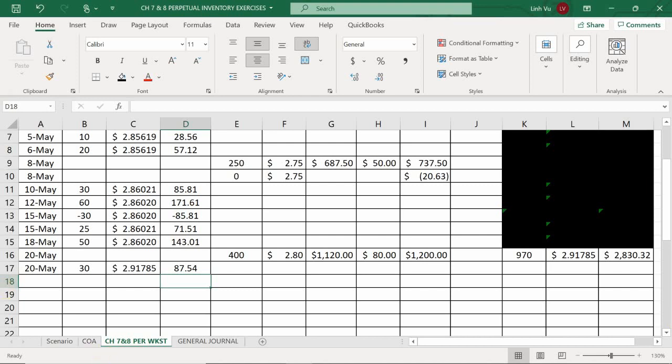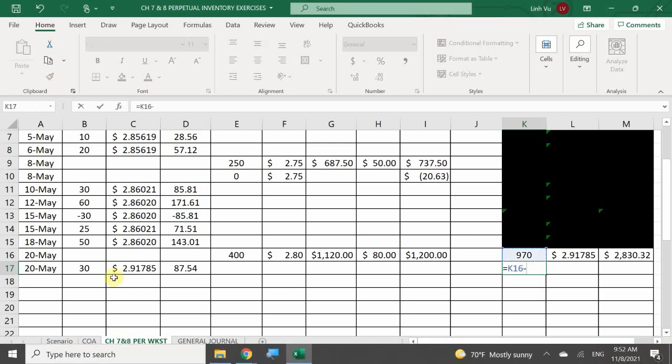Okay. So if you look into your inventory worksheet on hand, right, and you're looking at the cost of goods sold, notice this, right? How different the other previous 30 batches were. 85.81, now it's 87.54. Okay. Because the average cost per item has changed. So in this case, I sold 30 mugs.